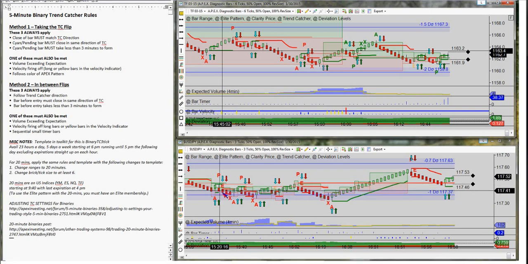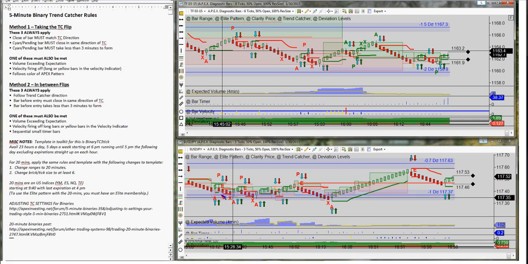But anyway, when it was on this bar, and I see that I've got a green trend catcher and a red bar, I'm thinking that's chop. That's the start of chop.